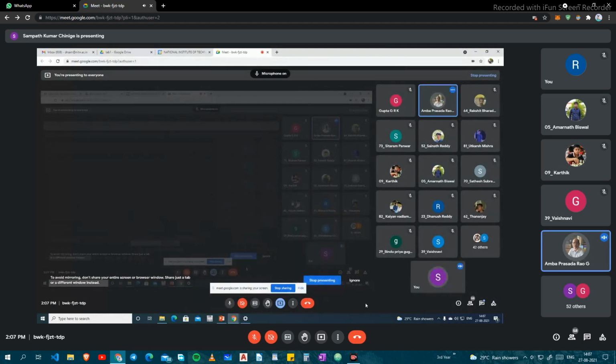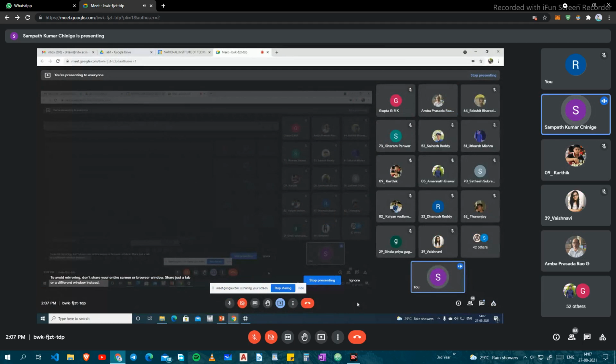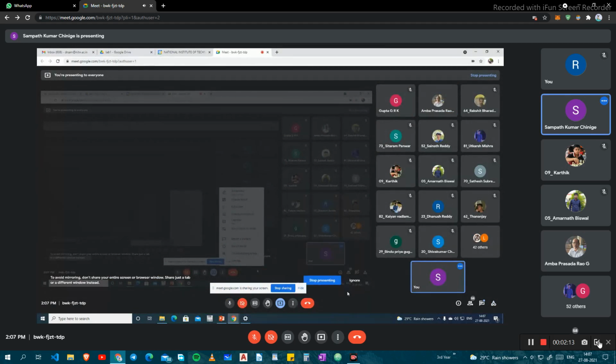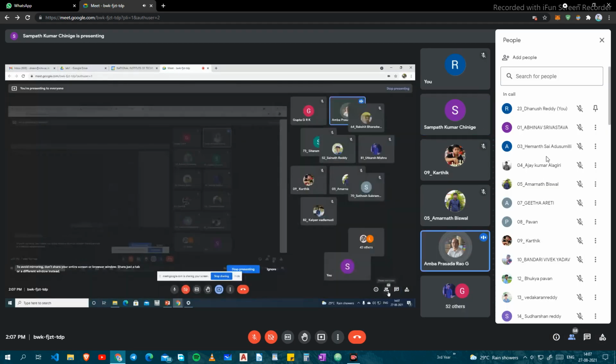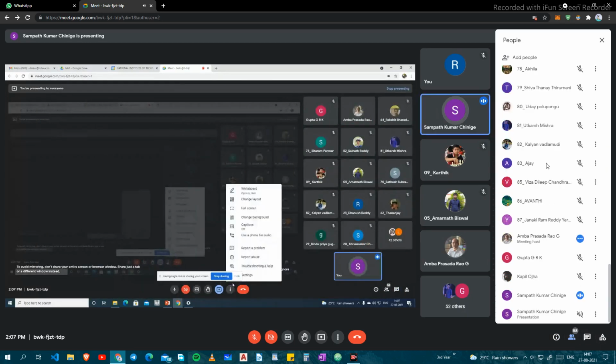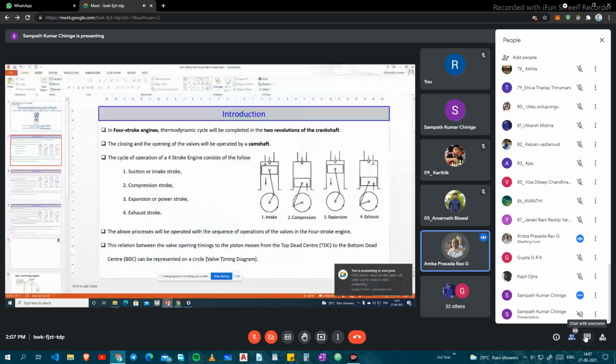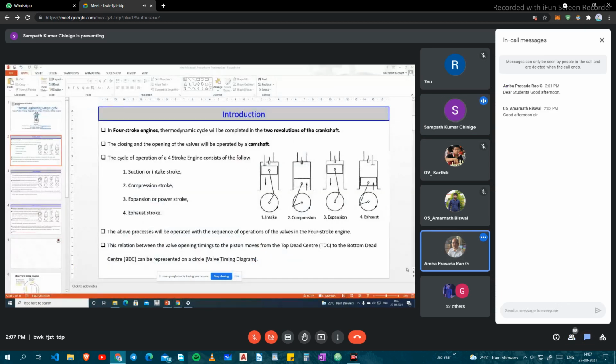I'm really sorry, I forgot to record it. I'm trying to record it now. The recording option is under the three vertical dots, but it's not showing there. I'll record it, no problem. Okay, shall I record?